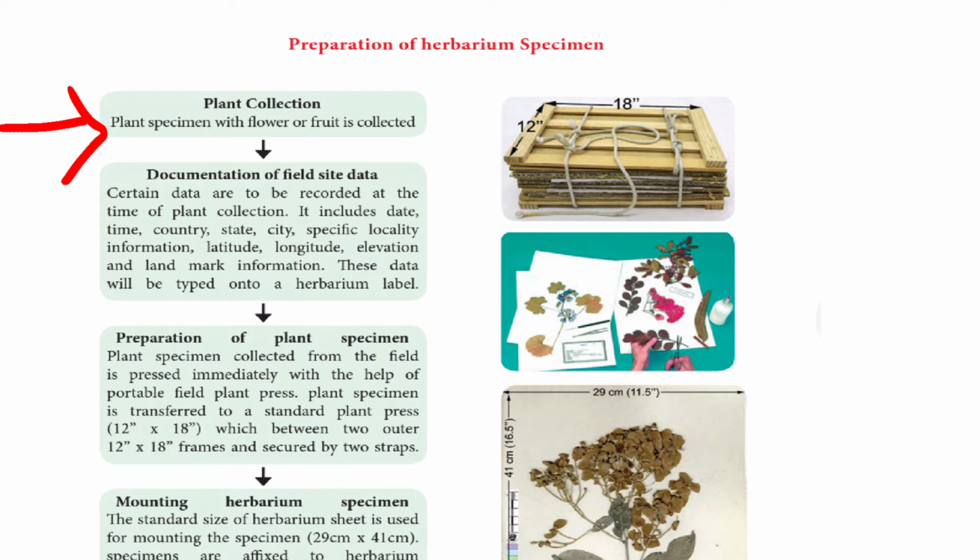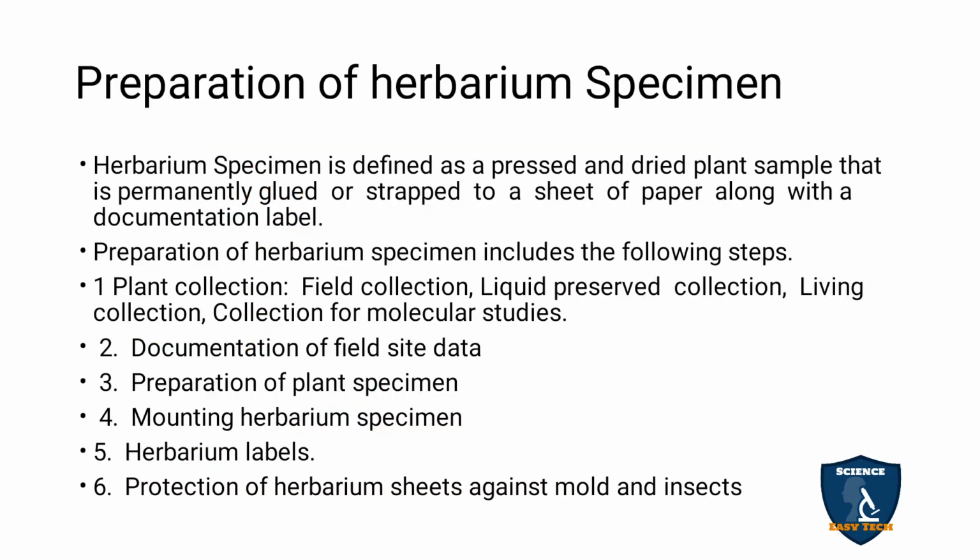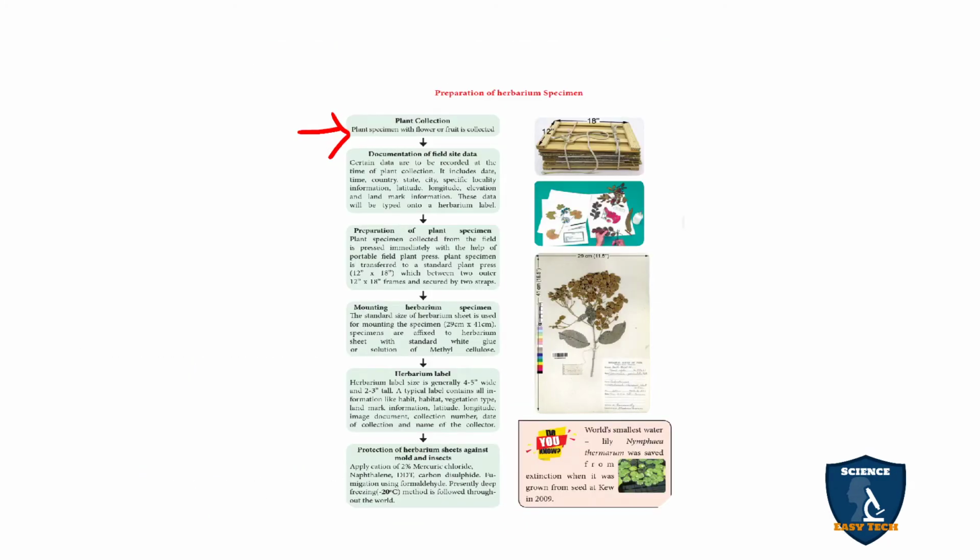It includes the date, time, country, state, city, specific locality information, latitude, longitude, elevation and landmark information. These data will be typed out into a herbarium label. Here you can see this label; like that they will type it and put it on the herbarium sheet.